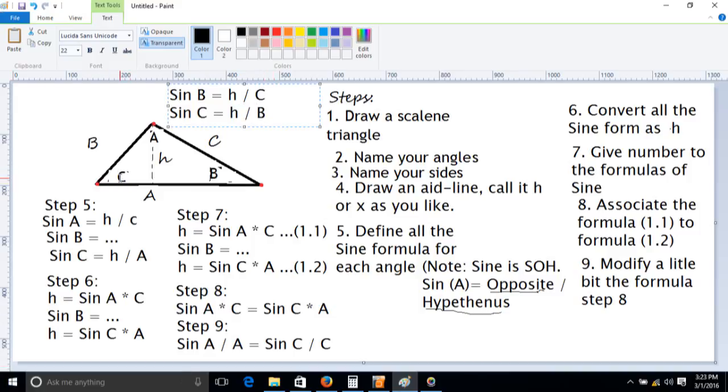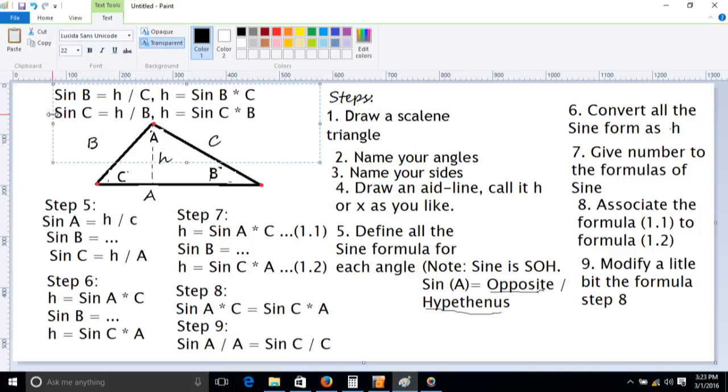Sine C here is h over b, right? Now develop this as h equals sine B times c, and develop this as h equals sine C times b, right? So we enlarge the formula, so it goes like that.